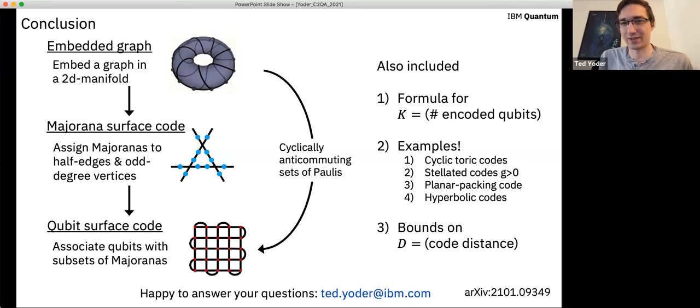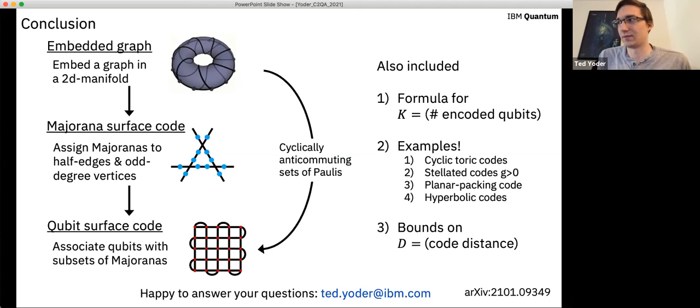Yeah, so things get much more complicated. This is a question that we get a lot. In 2 dimensions, it seems like every surface code can be unified in this framework, but in 3 dimensions and higher, there's just a lot more going on.